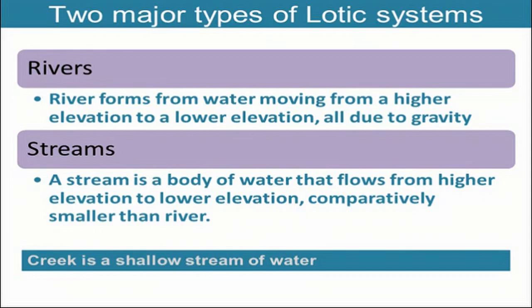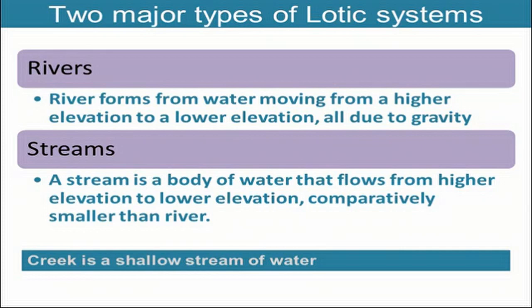The definitions of rivers and streams are different in different situations. For example, in the next class or some other class which we will discuss later, we'll find that rivers at the higher orders may be termed as streams.